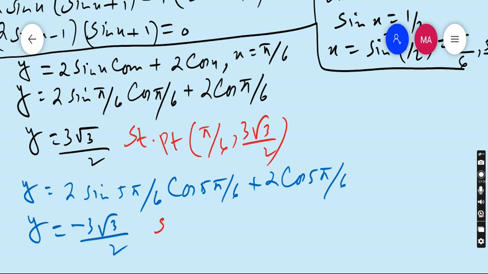Hence, the second stationary point is 5 pi by 6, comma minus 3 root 3 upon 2.